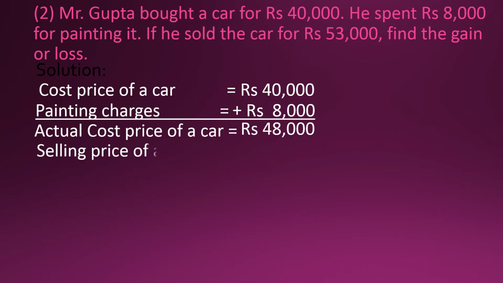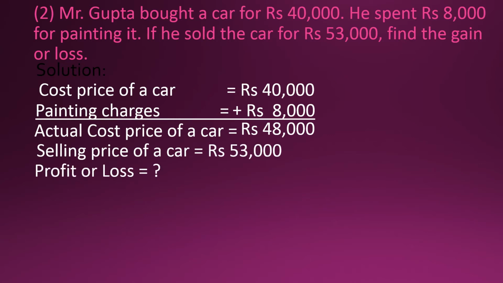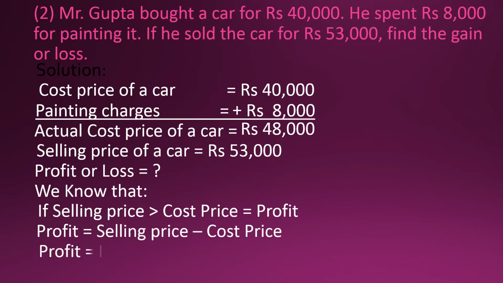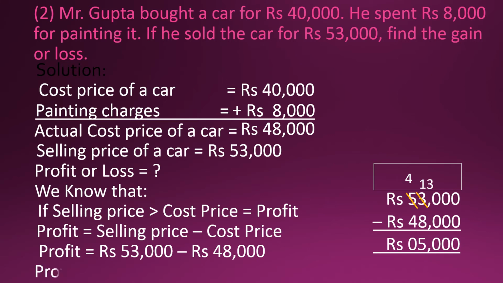And selling price of the car is rupees 53,000, and profit or loss we have to find out. Now tell me which one is greater, cost price or selling price? Yes, selling price. And we know that if selling price is greater than cost price, we have a profit. So profit is equal to selling price minus cost price. Now put the value. Rupees 53,000 minus rupees 48,000. Do the subtraction. We get rupees 5,000. So profit is equal to rupees 5,000.